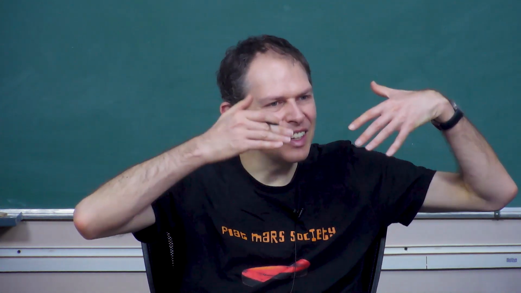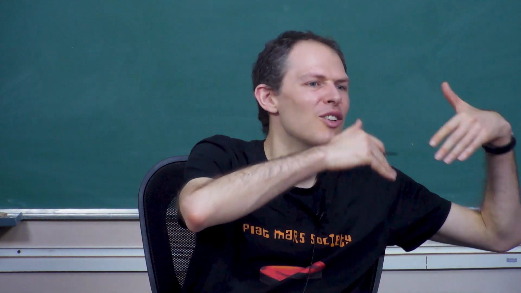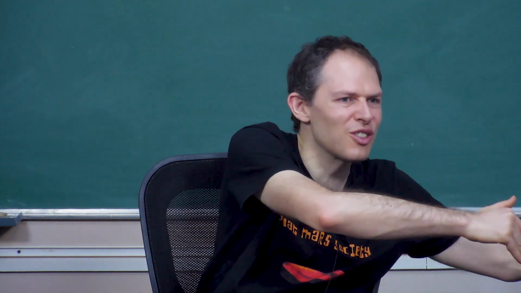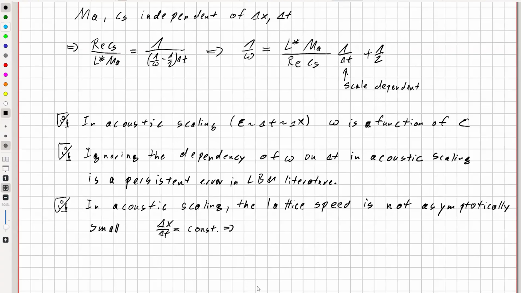Then U cubed is a persistent error because it will never get smaller even if I refine my grid and reduce my time step in this scaling. So this error will always persist, so it's not going asymptotically smaller, so you'll always have a finite error, so you have no convergence. So actually, acoustic scaling is intrinsically inconsistent. You don't get the Navier-Stokes equation if you start from acoustic scaling.